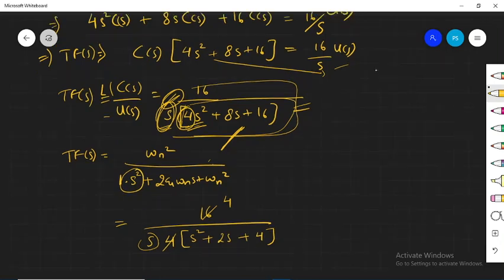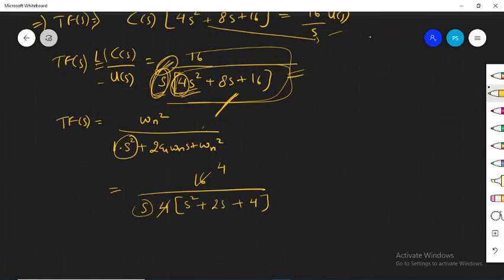Now you can see that the standard second order system is given as omega n square, here this is 4 over here, divided by s square plus 2 zeta omega n s, so we have got 2s over here, plus omega n square, here we are getting 4.